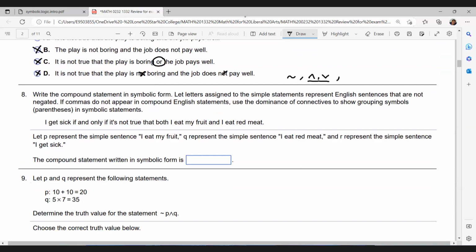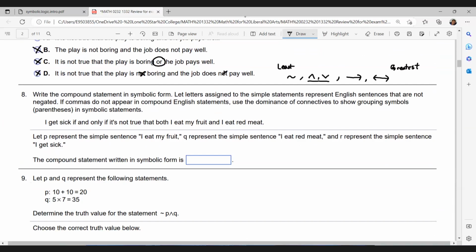And then we have the conditional, and then we have the biconditional. So this is from least to greatest dominance. Okay. So let's see what we have here.